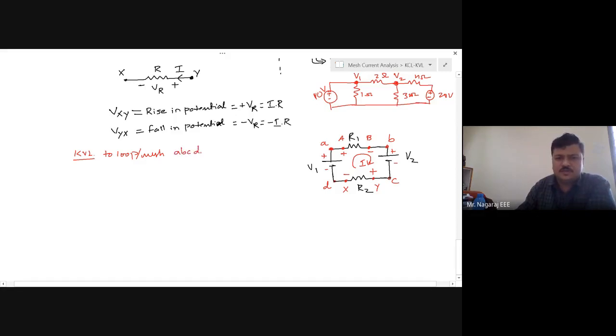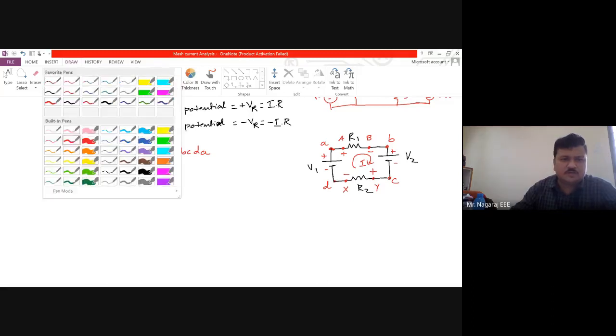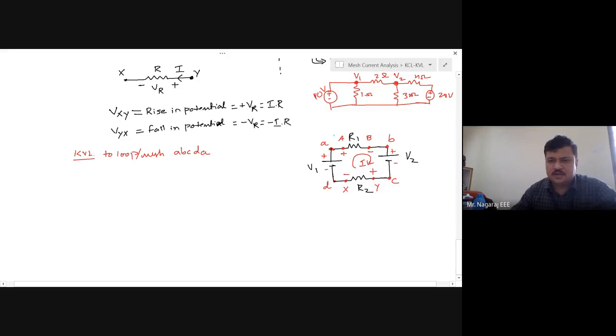Start tracing from terminal A, mentally tracing the elements.